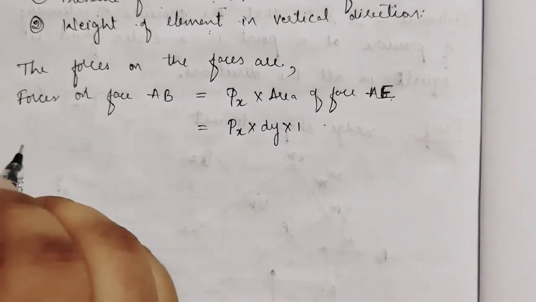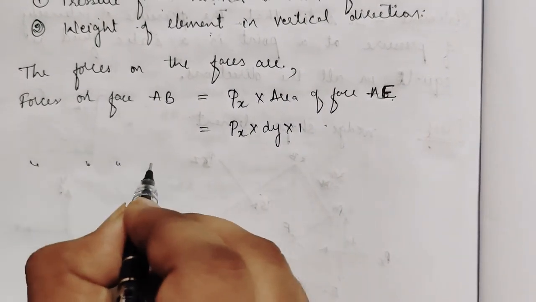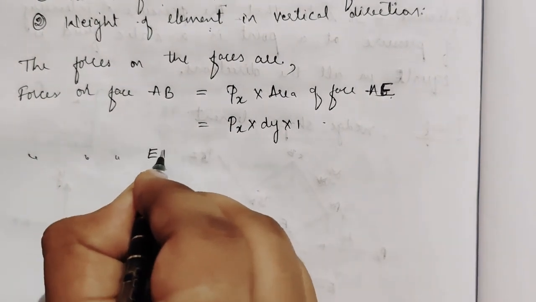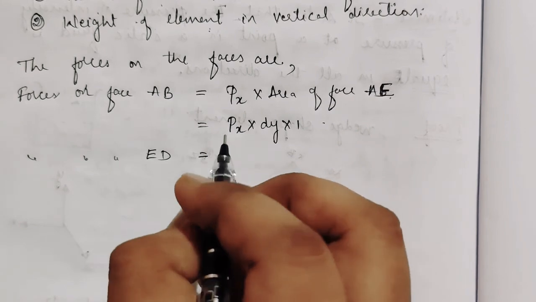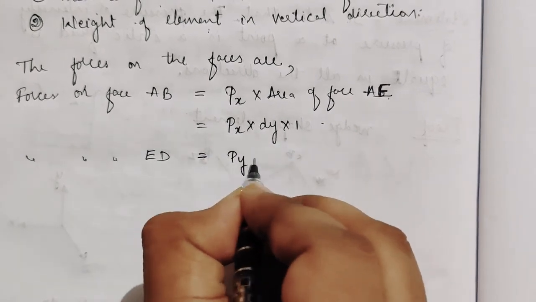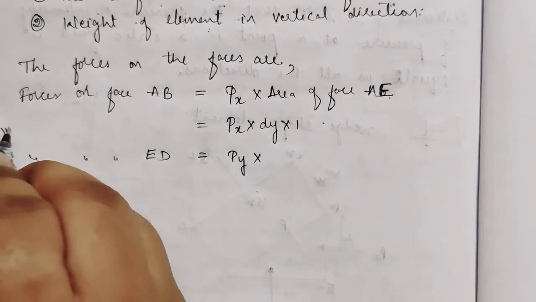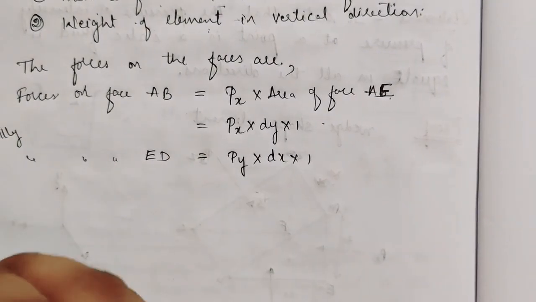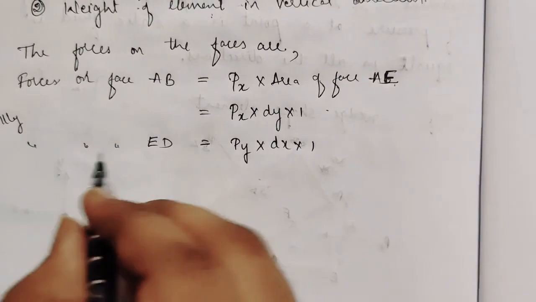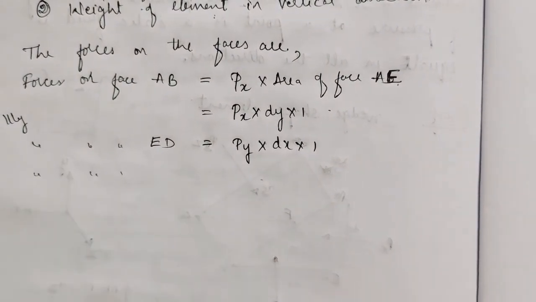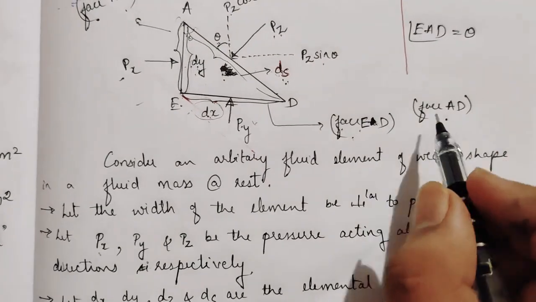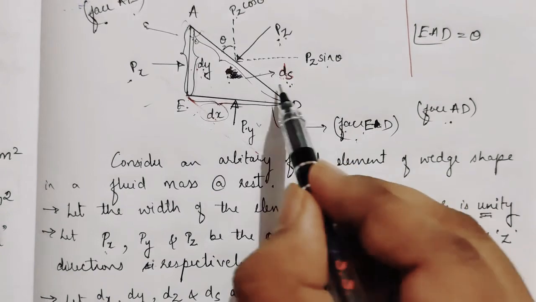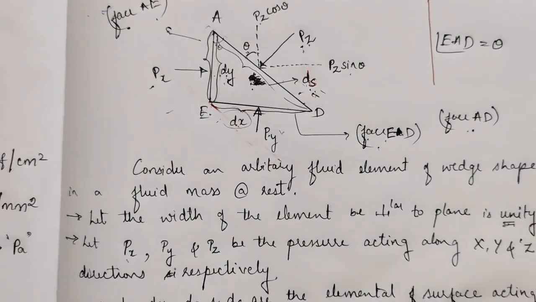Next, forces on face ED is equal to Py into, similarly, dx into 1. Then similarly, force on face AD is Pz into ds into 1, unity.